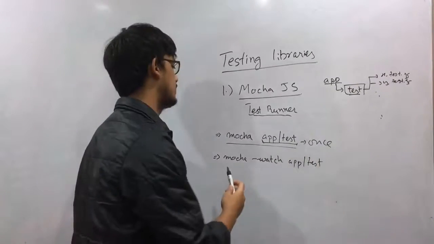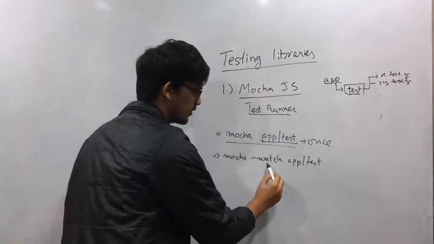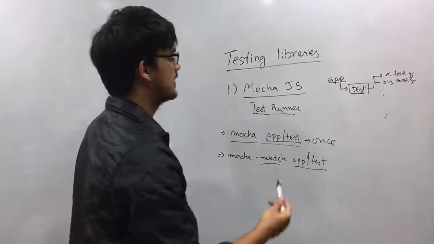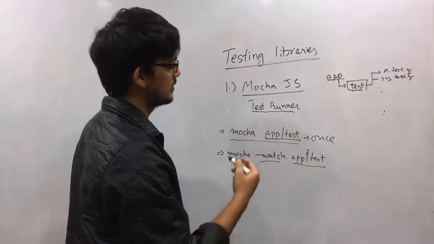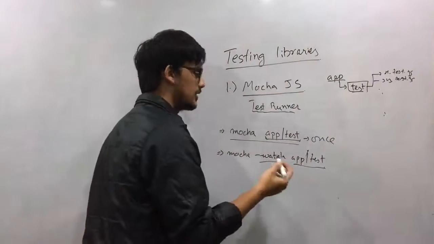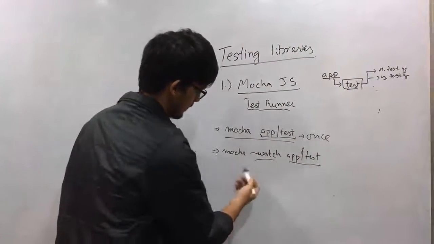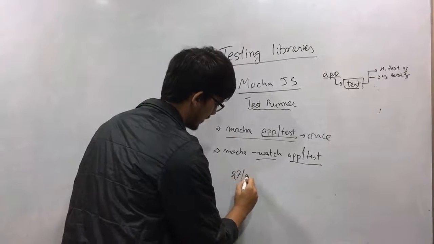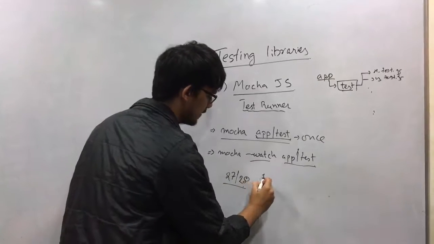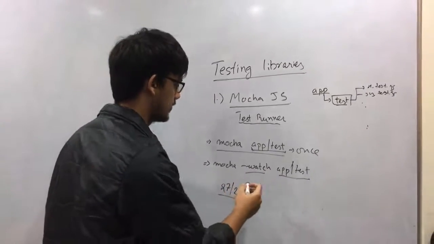Now this functionality of Mocha is constantly watching the app/test folder for any changes. The moment any change occurs, the test cases are run again, and I'm notified with the test result, which will say suppose 27 out of 28 are passing. That means that one test case failed while I was coding the current module.